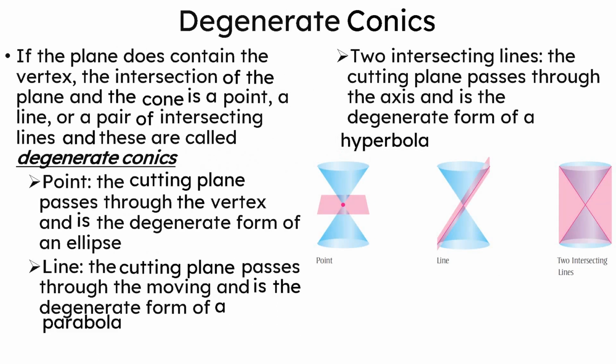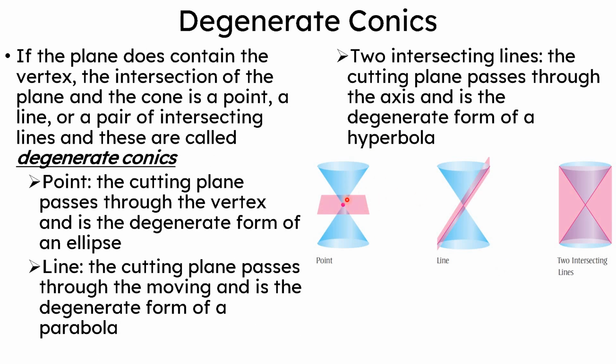Now, the moment our cutting plane touches or intersects the vertex, then the conic becomes what we call a degenerate conic, because it either becomes a point, a line, or two intersecting lines. Kailan nangyayari yon? If the cutting plane passes through the vertex and it's parallel to the bases, at talagang dun sa vertex ang dumaan, then the conic degenerates from an ellipse or a circle to a point.